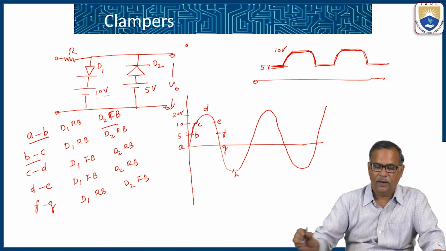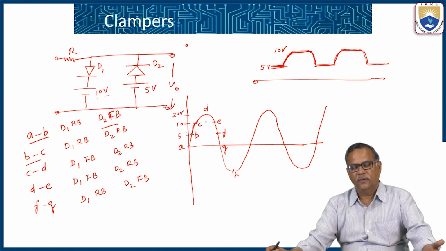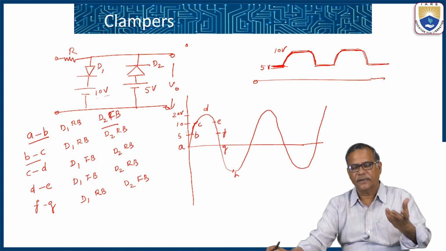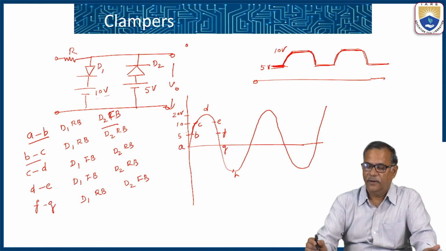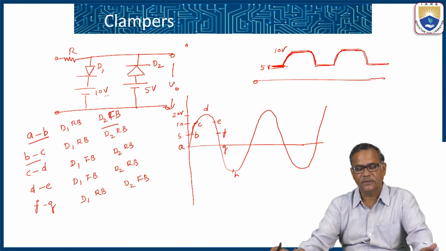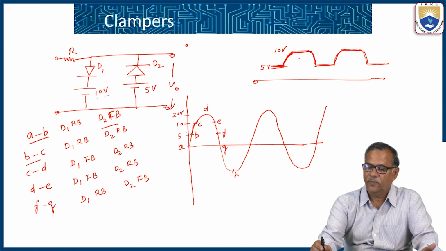And in the points between B and C, the voltage is between 5 and 10 volts, and in that case both the diodes are in reverse bias, and we get a waveform like this, a replica of the input signal. And between C and D, D1 is in forward bias and D2 is in reverse bias, so the output voltage is clamped to plus 10 volts.